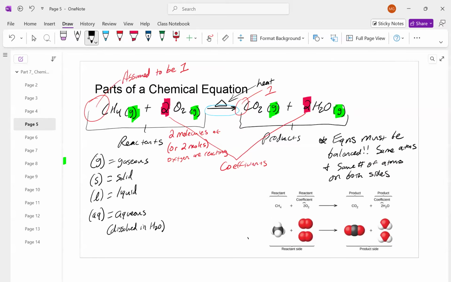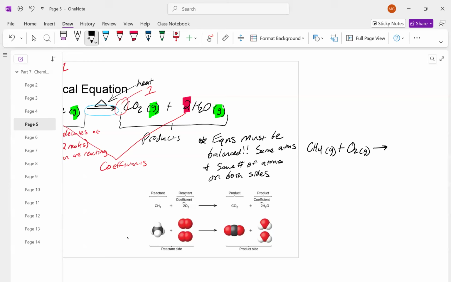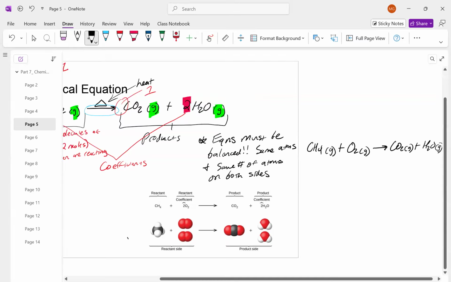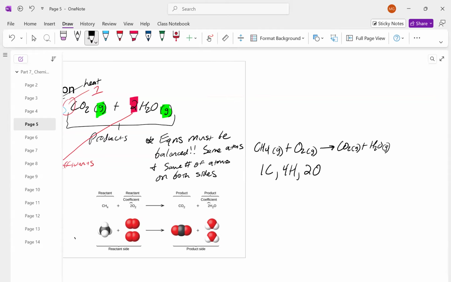So let me take all those coefficients out and just redraw this reaction. Let me show you what I mean here by balancing equations. I want you to look at the reactant side. On the reactant side, we have 1 carbon atom, 4 hydrogen atoms, and 2 oxygen atoms.